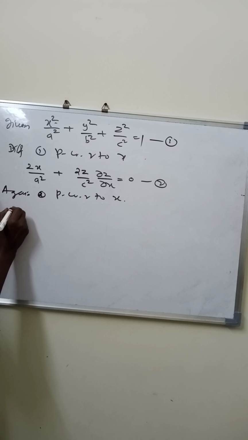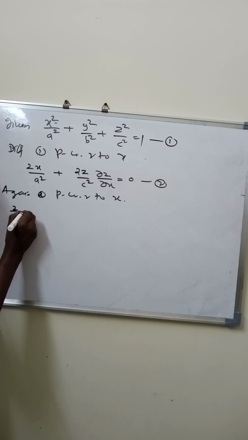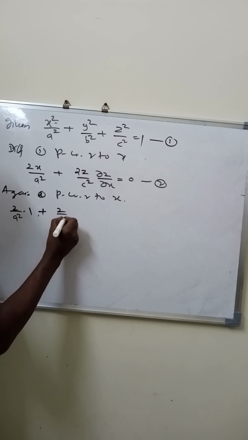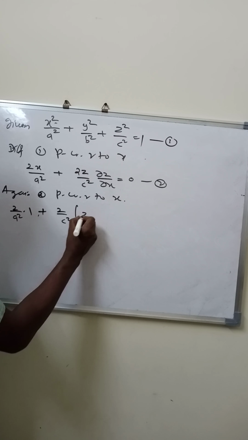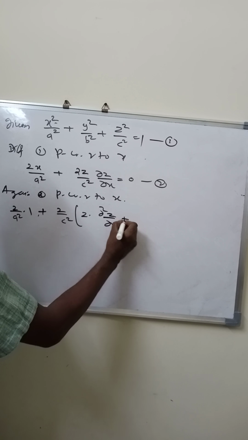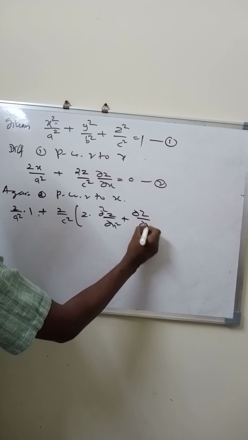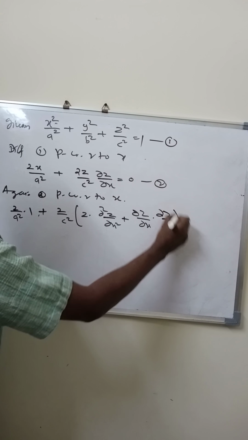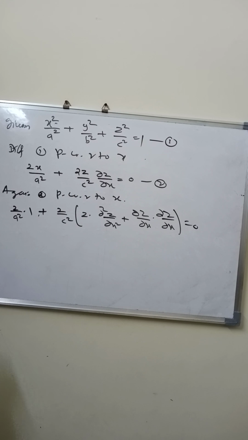What will you get? 2 by a square into 1 plus 2 by c square into z into d square z by dx square plus partial dz by dx into partial dz by dx equal to 0.